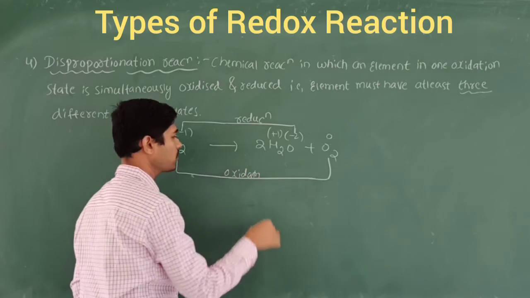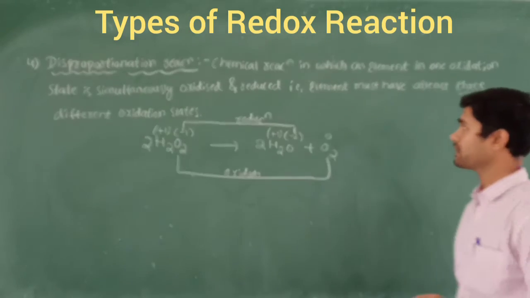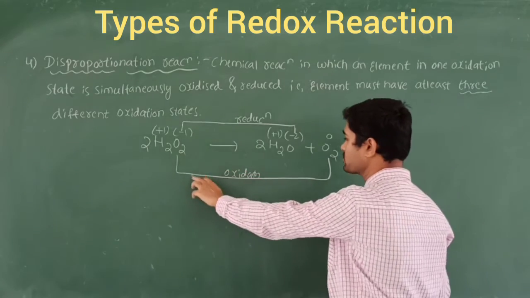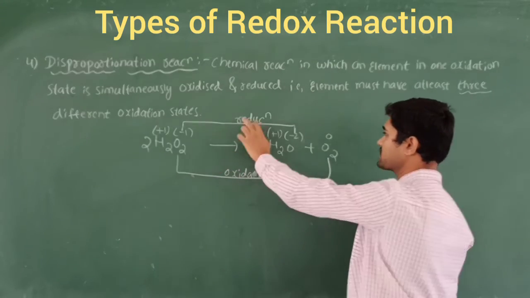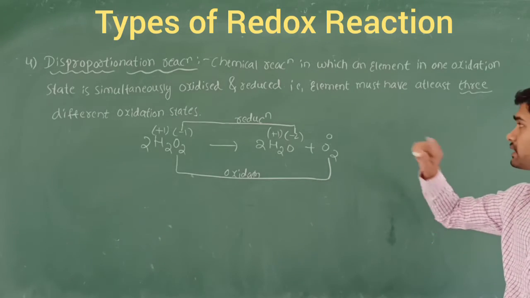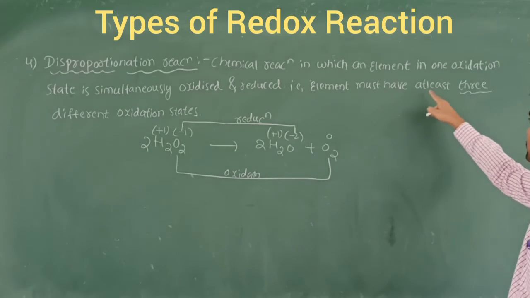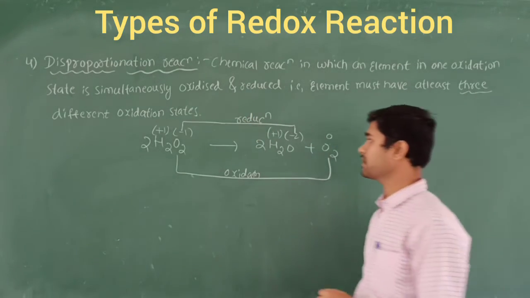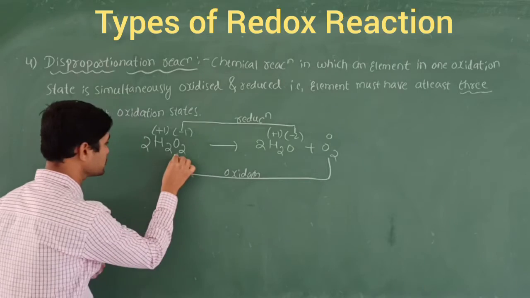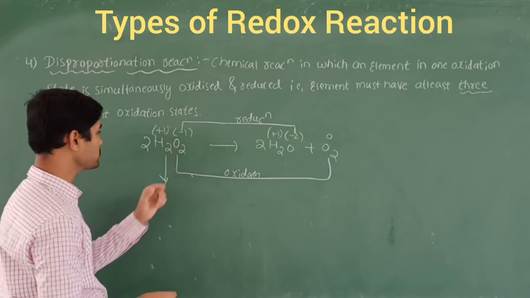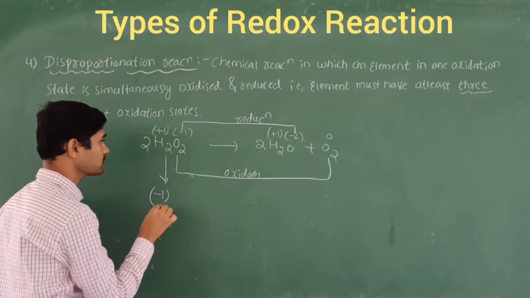So that's why, according to our definition, a chemical reaction in which the process of oxidation and the process of reduction take place simultaneously, along with one more condition, they must have at least 3 different oxidation states. Let me take oxygen here. In the first compound, the oxidation number of this oxygen comes to -1.